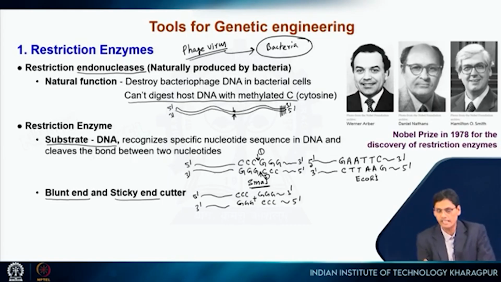So this enzyme will cleave in this way. Here it will break one phosphodiester bond and here it will break another phosphodiester bond. As a result, what will be the product?